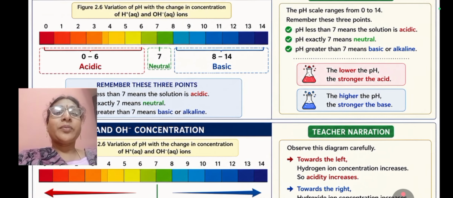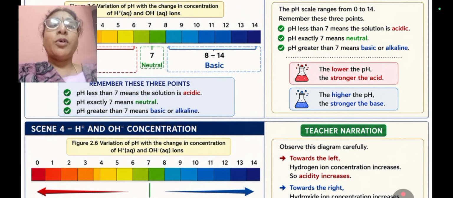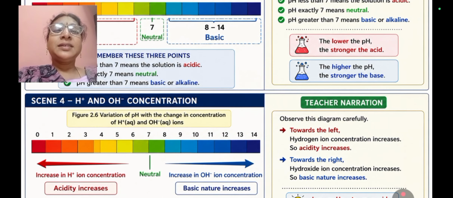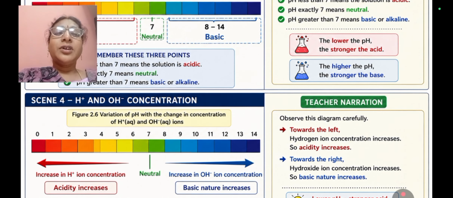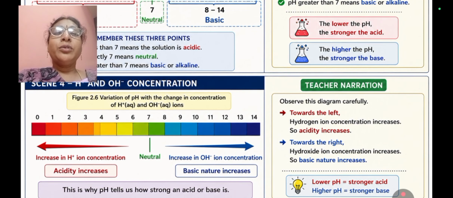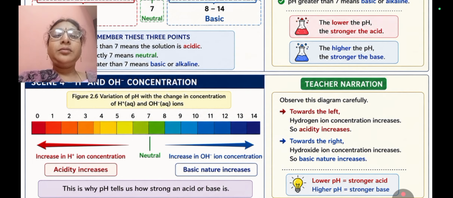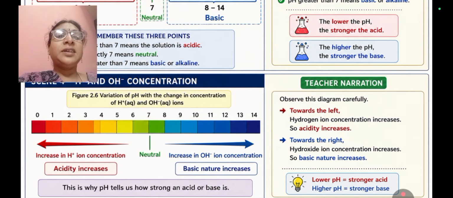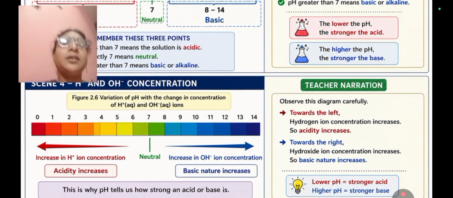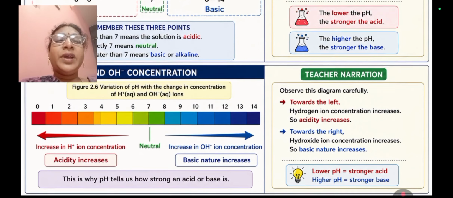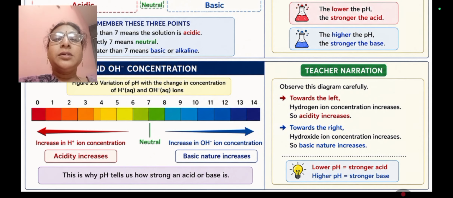Now we are discussing the concentration of H plus and OH minus ions, with the values shown in the figure. The values between 0 to 6 are for H plus ions.